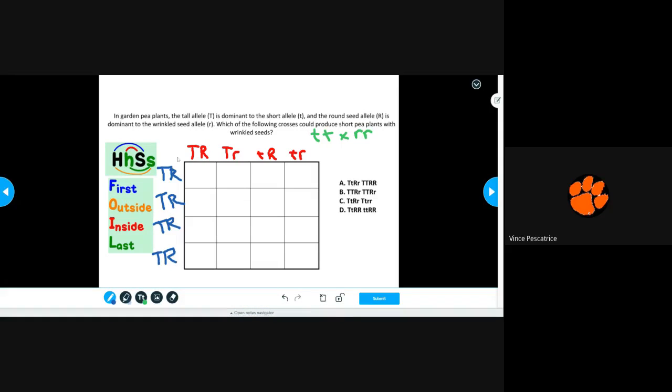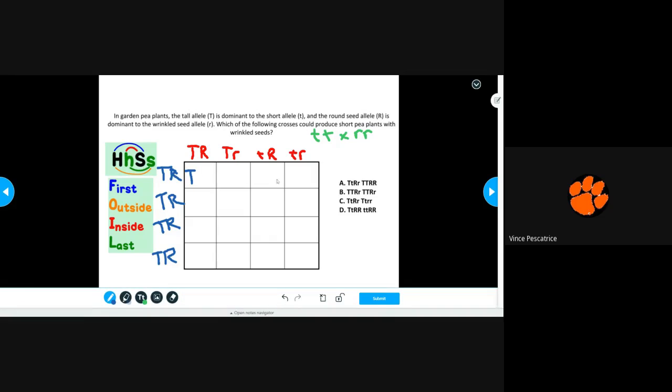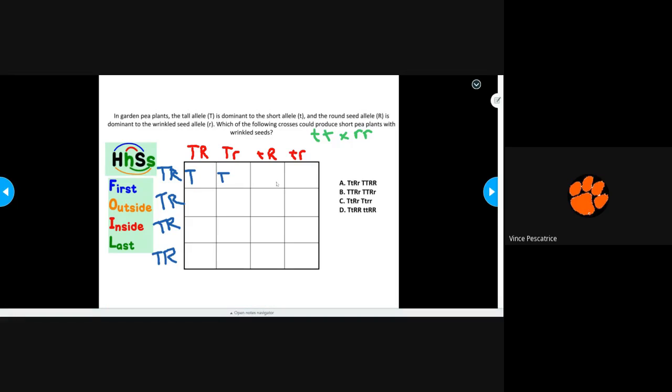All right, so first you pair the T's together because you can't have a T and an R pairing. So this T will come over here and be in this box. So each box across the row is going to have the T from this row here. So I'm going to put a T in each one of those.